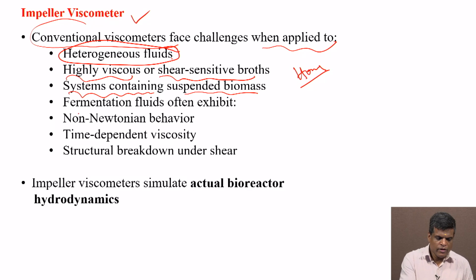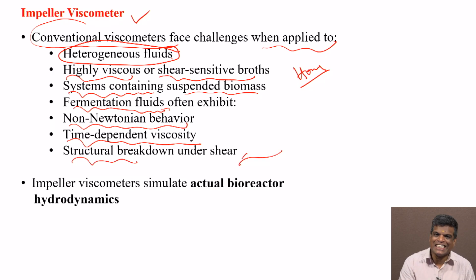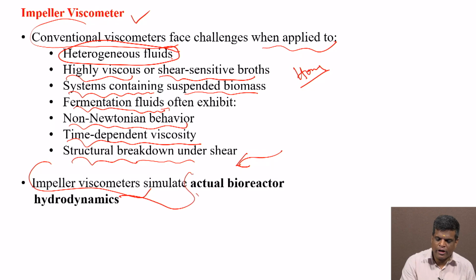Fermentation fluids also we cannot use here. Whenever the behavior is non-Newtonian, it is very difficult to use a conventional viscometer. If there is time dependent viscosity or structural breakdown when you apply shear, we cannot use a conventional viscometer either. So we have to use the impeller viscometer, because it simulates the actual bioreactor hydrodynamics. That is why the impeller viscometer is the best to use for bioprocesses.